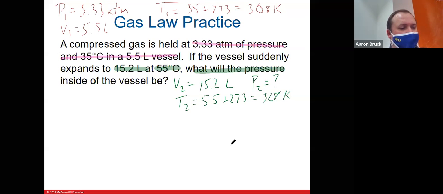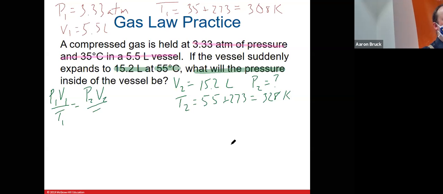I need to put them now into the equation. So again, P1 V1 over T1 is equal to P2 V2 over T2.